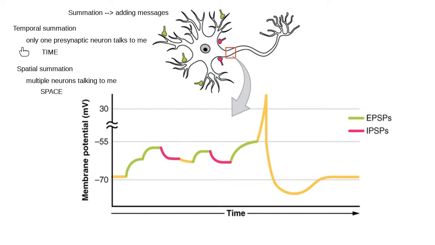Neurotransmitters attach to channels and we add together the ions that those channels let in. That's something that I do with both temporal summation and spatial summation. So, like I said, the answer would be both. That's correct.